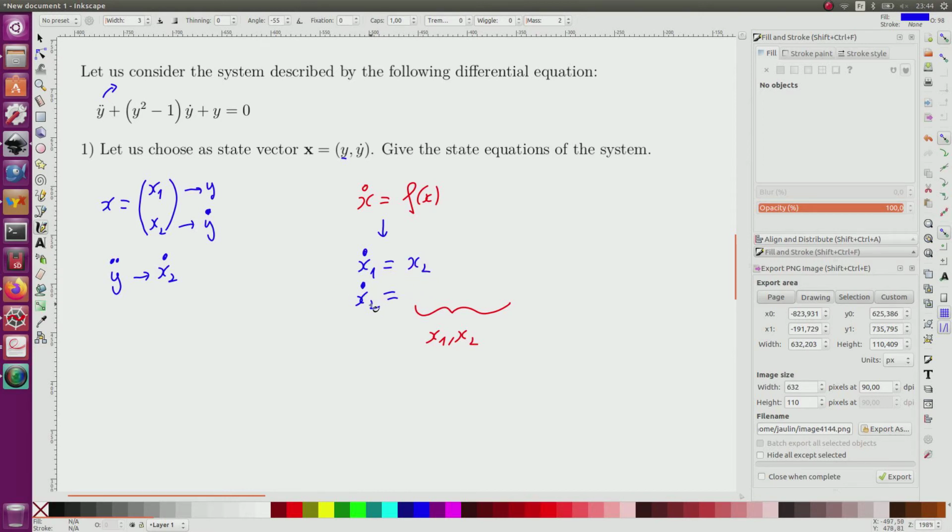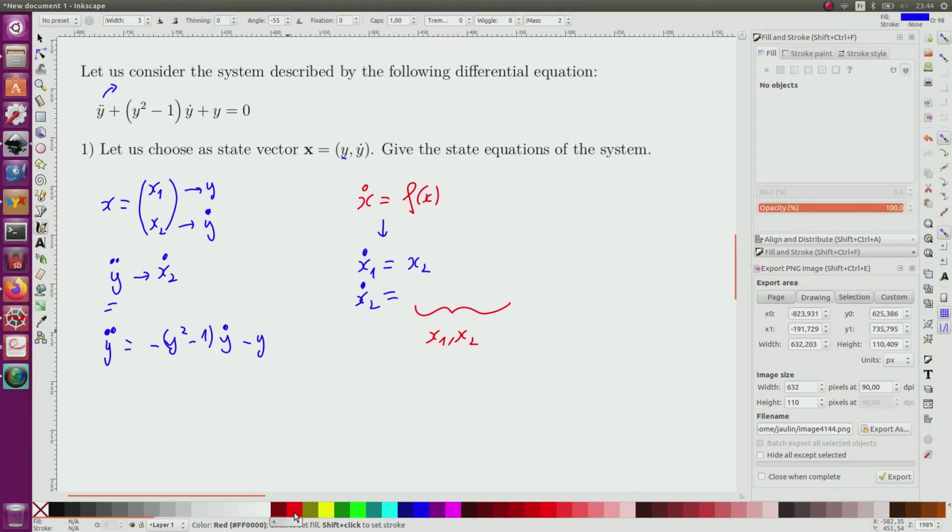Okay. Now x dot 2 corresponds to y dot dot, which corresponds here to minus y dot, minus 1 times y dot, minus y.